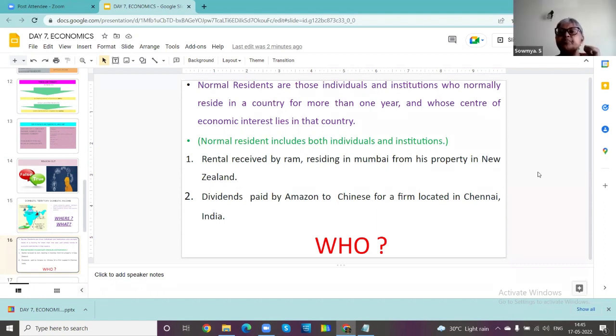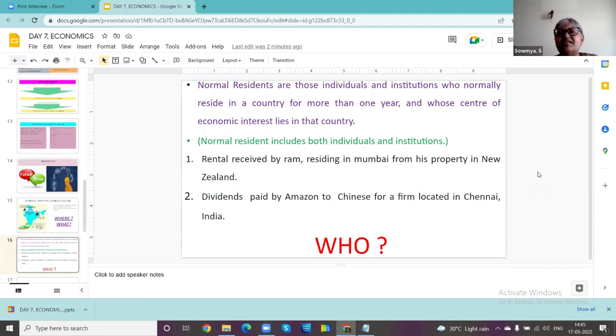Who generates the income? If the income is generated by the normal resident, then that would make up the national income, no matter from wherever this normal resident is going to raise the income.